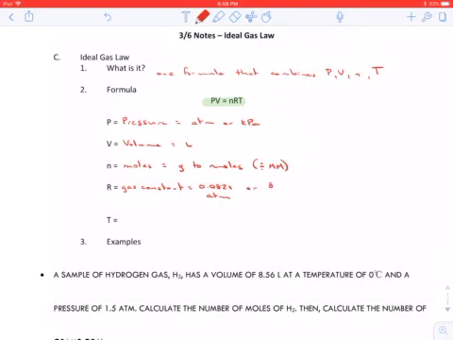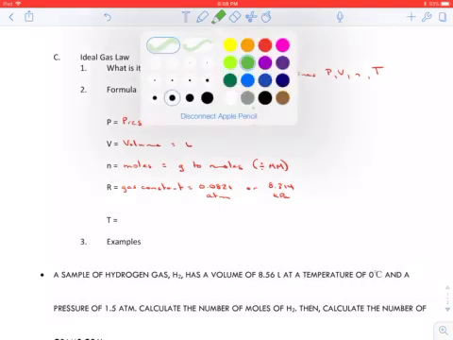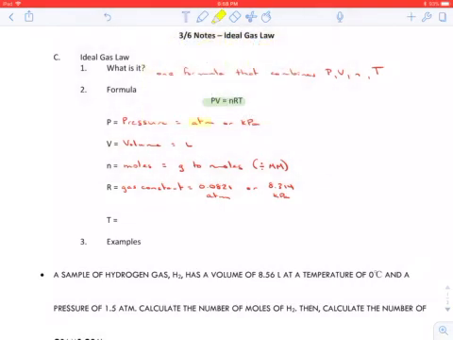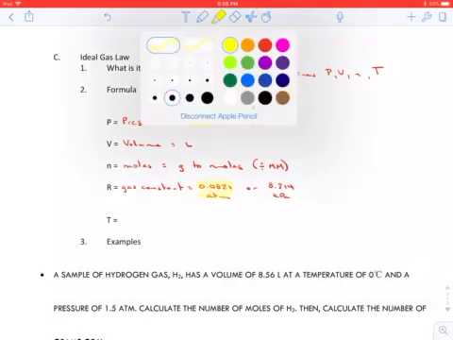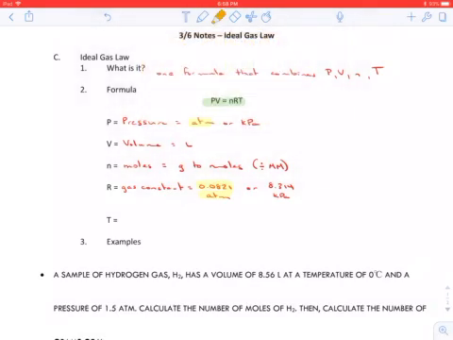We also have 8.314, if your pressure is in kPa. So we have a choice depending on what our pressure is in. If you have atm, you're going to use 0.0821. If you have kPa, you're going to use 8.314.